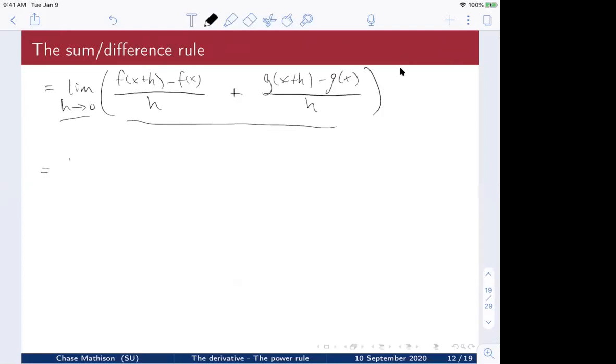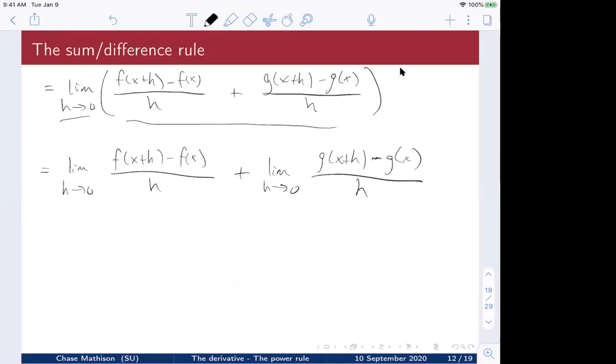So this is equal to the limit as h approaches 0 of f of x plus h minus f of x divided by h, plus the limit as h approaches 0 of g of x plus h minus g of x divided by h. All right, so what is this? F prime of x. Perfect. And then what is this?